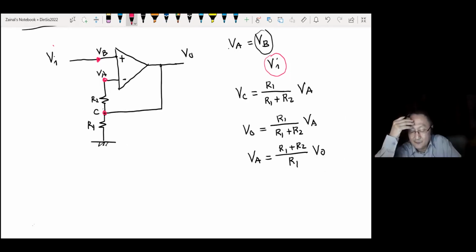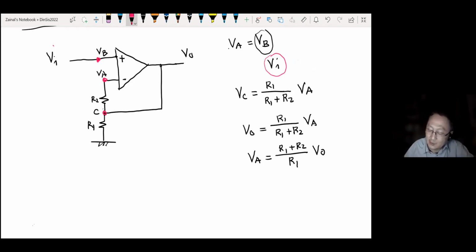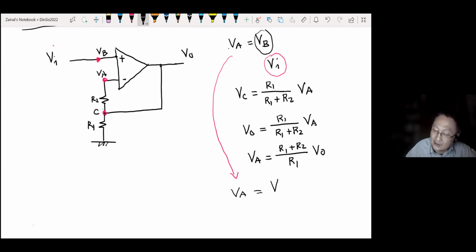Therefore, VA is equal to R1 plus R2 divided by R1 multiplied by VO. So from here, look at this one. VA equals VB. VA is R1 plus R2 divided by R1 multiplied by VO, which is equal to VB, which is VR.